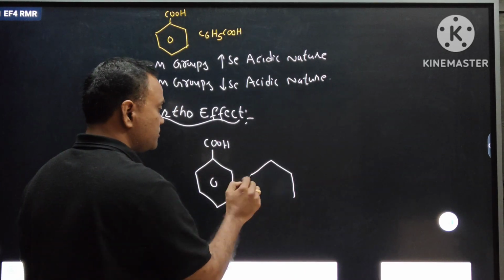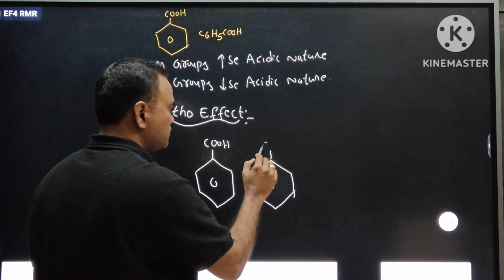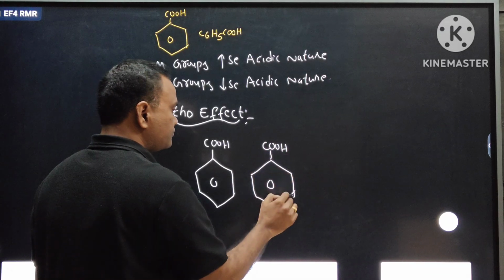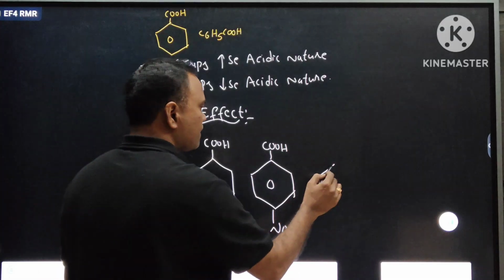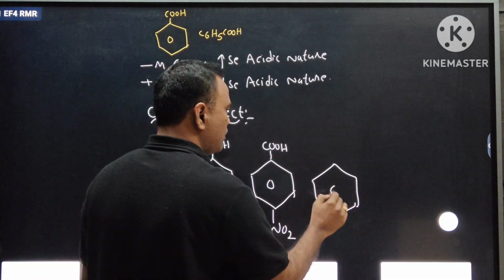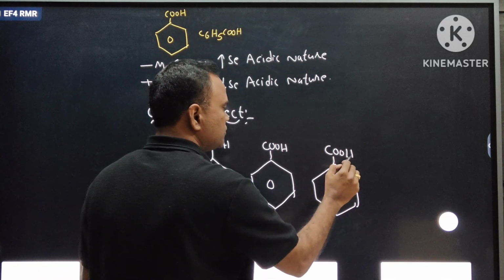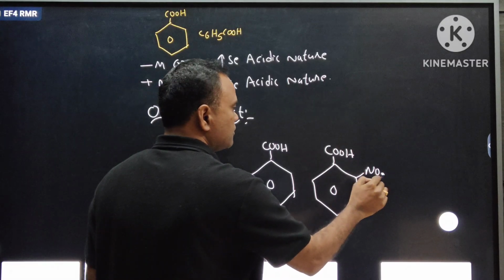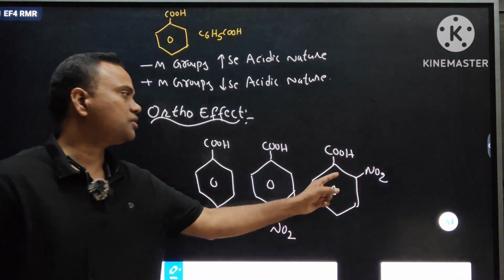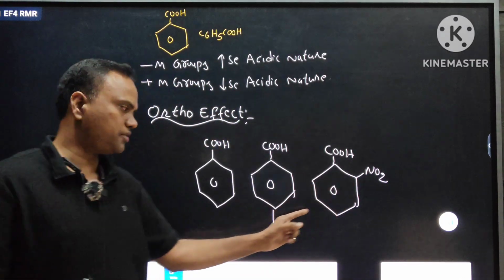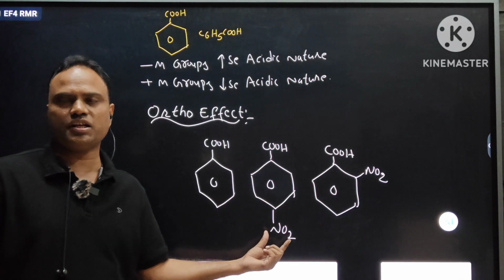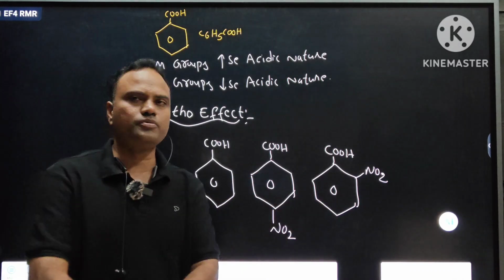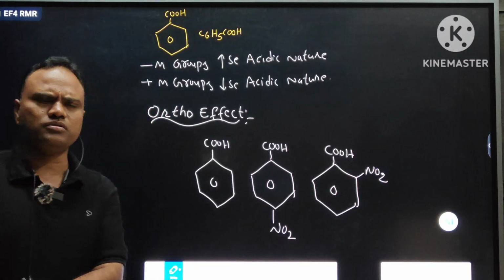This is substituted benzoic acid. Substitution in the para position, substitution in the ortho position. This is ortho substituted benzoic acid. This is para substituted benzoic acid. In the para position, a minus M group is present. In the ortho position, a minus M group is present.